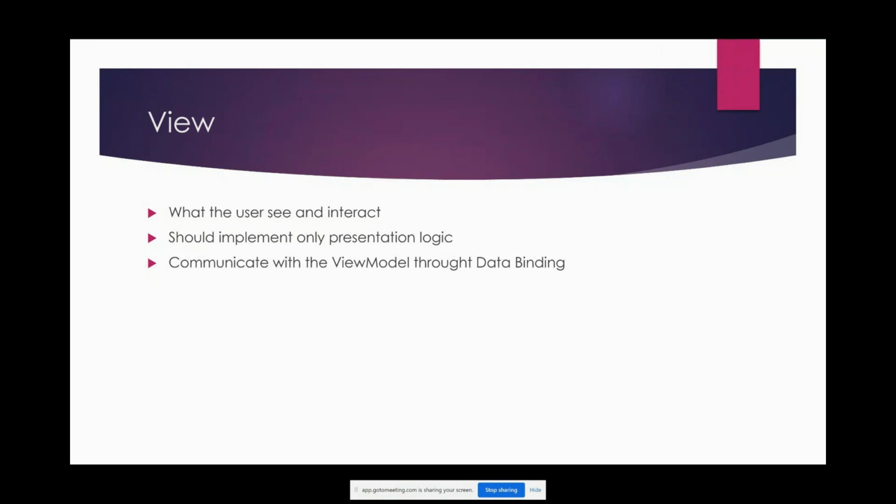So you can decide the colors, the controls that will be used, things like that. Don't put logic for your business here. It should be controlled by the other layers of this architecture, either by the model or by the view model. Usually, in this case, by the view model. That is the next step.